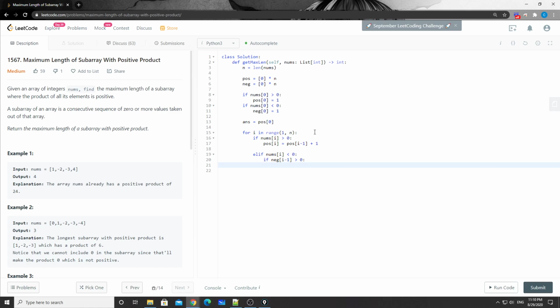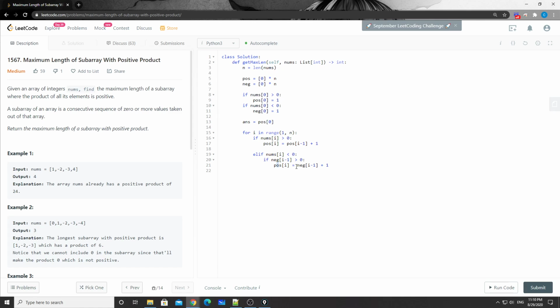If it is, then we just update positive I equals to negative I minus 1 plus 1. Otherwise, if there's no negative product before, the current positive is simply 0, because the current number is negative.